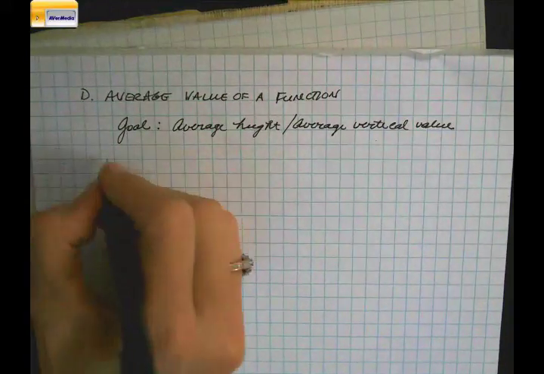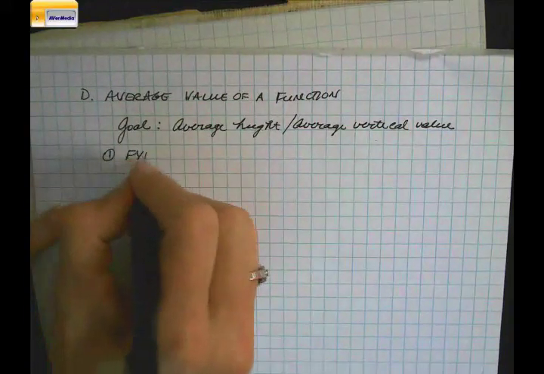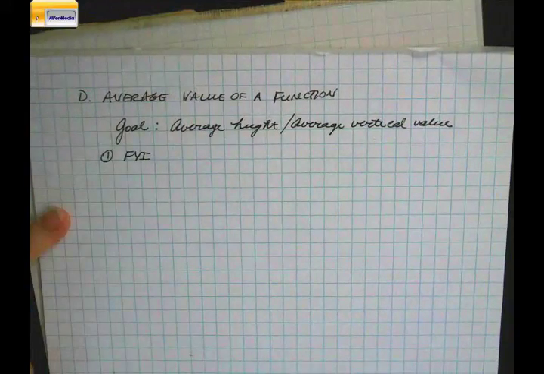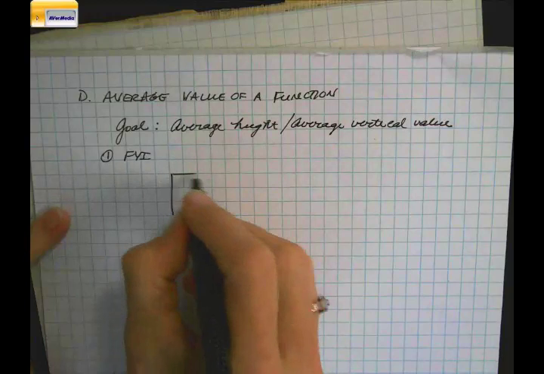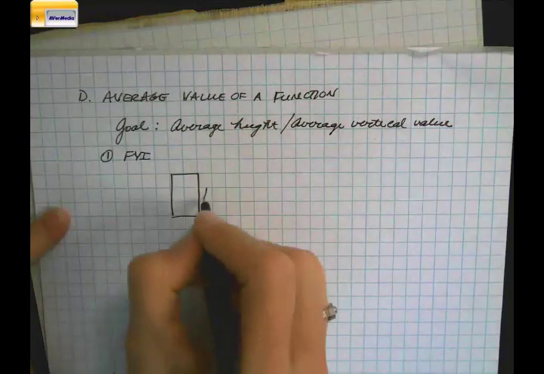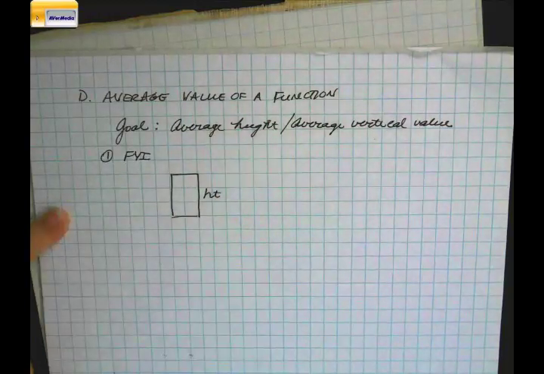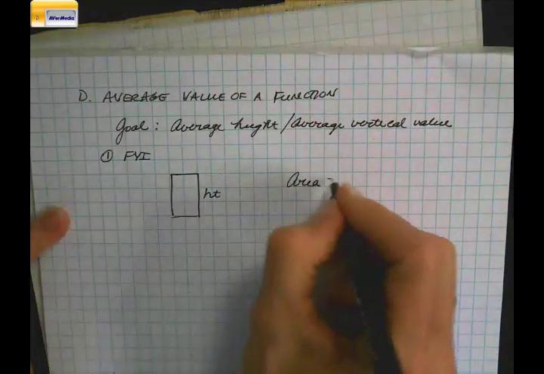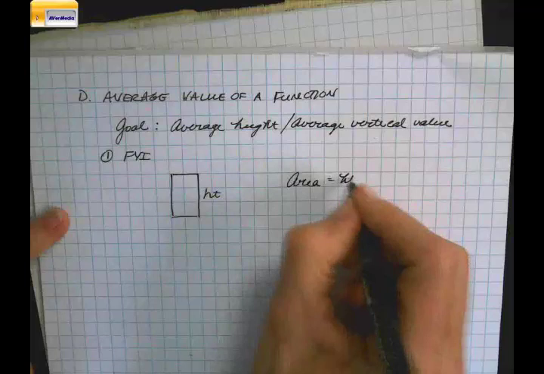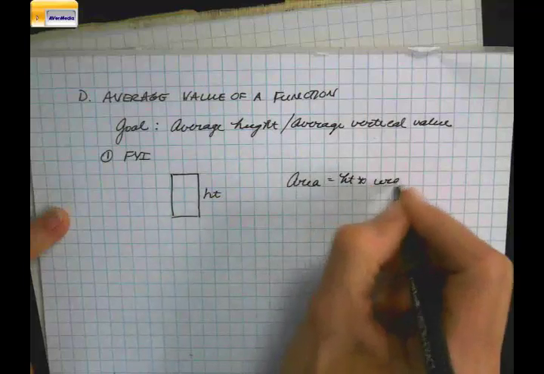Now, when you want to know the height of a function, it still relates to the area under the curve. If you have a rectangle and you want to know the height of the rectangle, which is the question, how high is it? Well, you know that area is height times width.